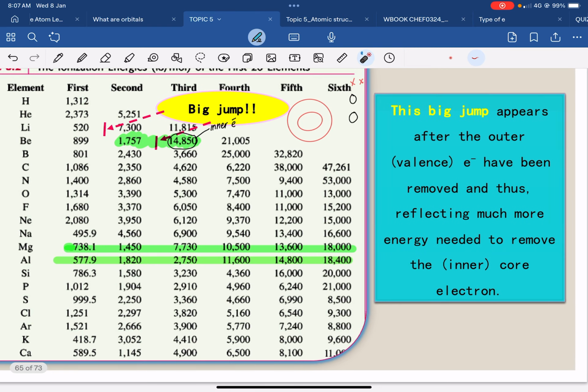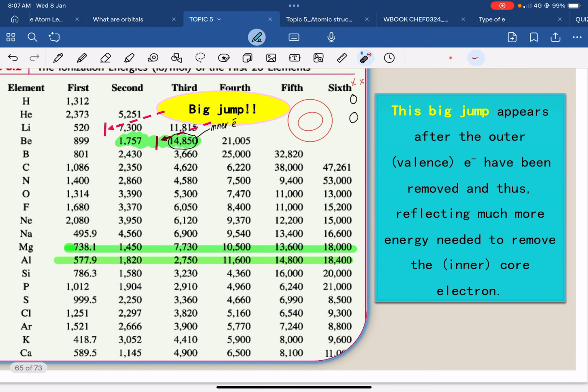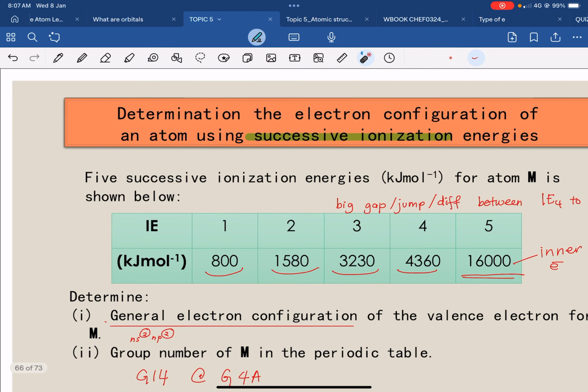So, kalau kita baca, kita tengok kat sini, this big jump appears after the outer valence electron have been removed and thus reflecting much more energy needed to remove the inner core electron. So basically, kita nak remove inner core electron, we require a lot more energy. Okay, so let's look at this example.